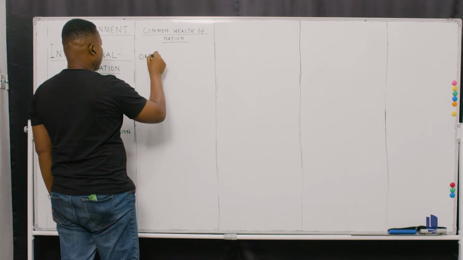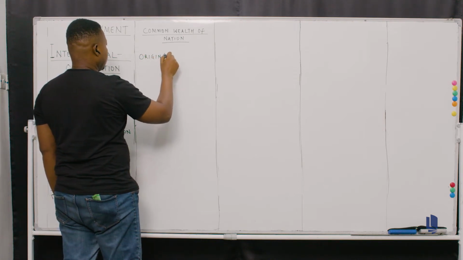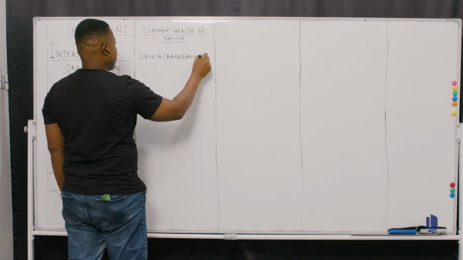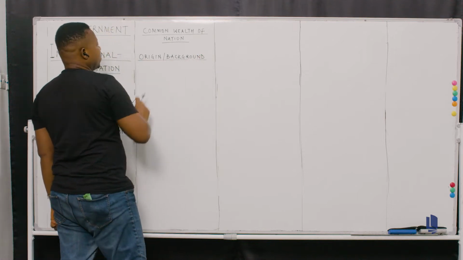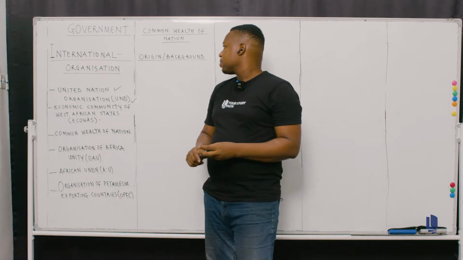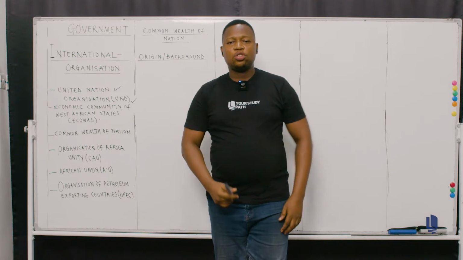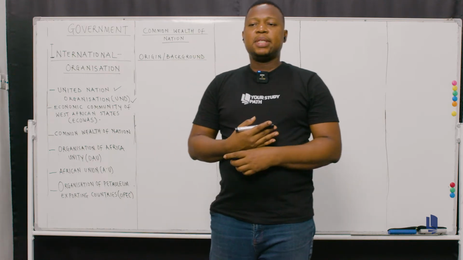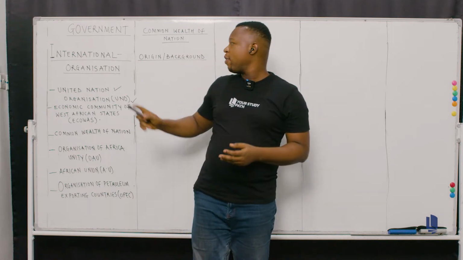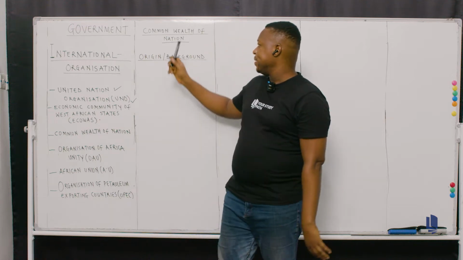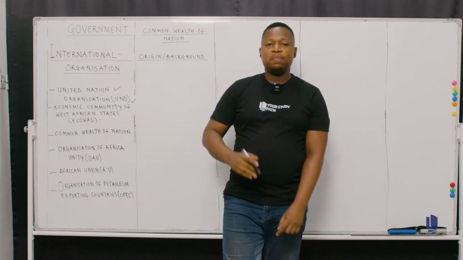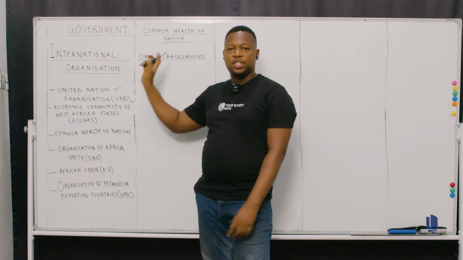So on the board, we want to look at origin/background. Now, under the origin, we want to talk about how the name Commonwealth came on board. Now, before Commonwealth of Nations, the former name it used to be called is British Commonwealth of Nations.